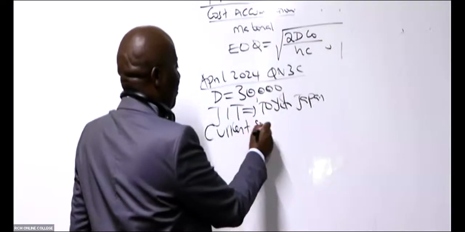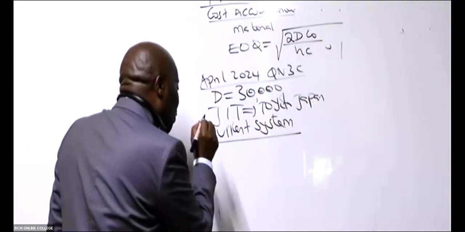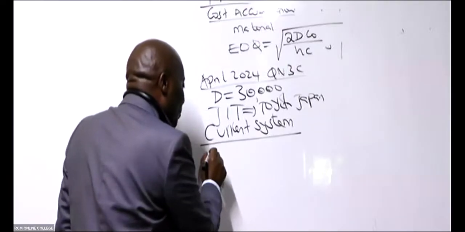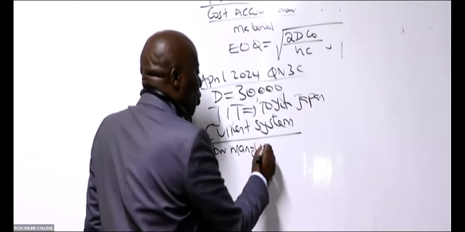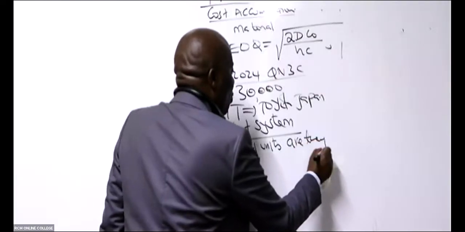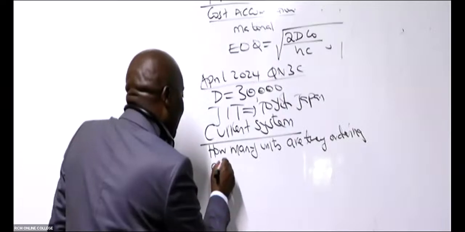Current system. The first thing that I would want to know is how many units they are ordering at a time.